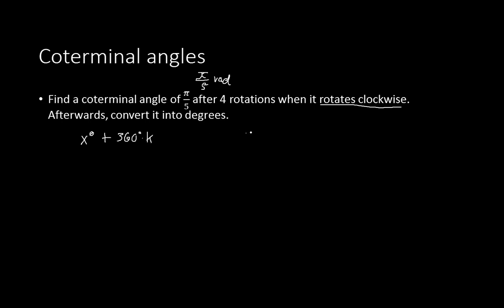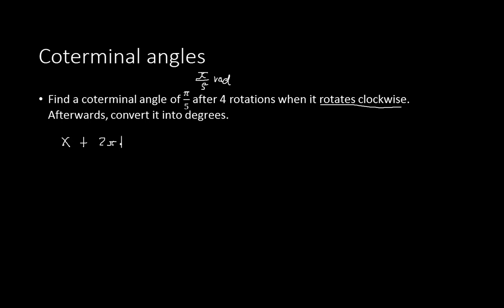Or for radians, starting angle plus 2 pi times k. Where x is the starting angle or given angle and k is an integer that represents the number of rotations. Since we have a given angle in radians, we will use this formula.